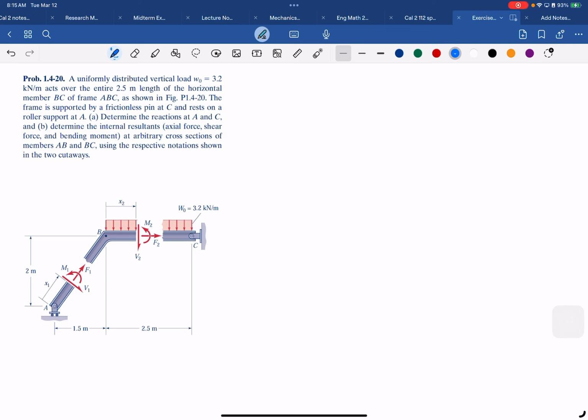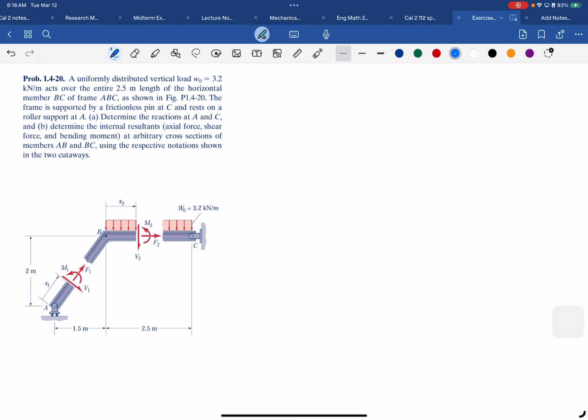So this is what we have: the uniform distributed load on the structure BC.